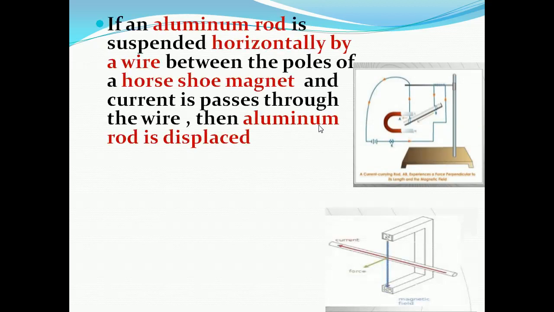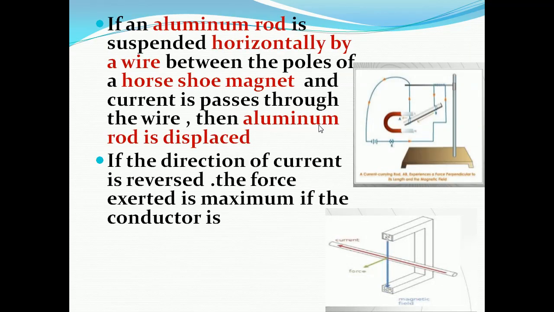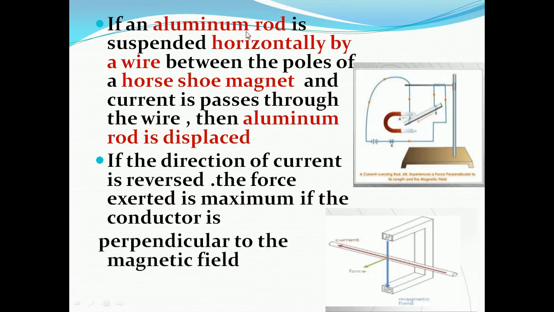We can understand this by an example. An aluminium rod is suspended horizontally by a wire between the poles of a horseshoe magnet.